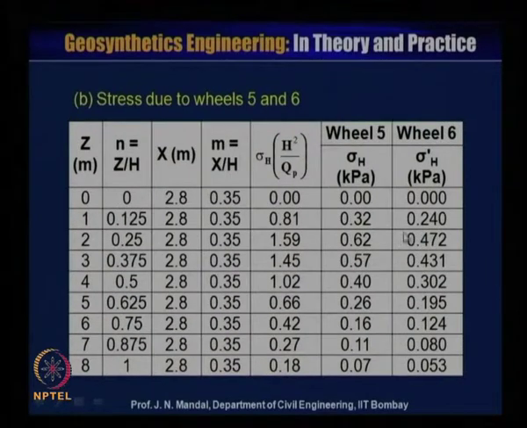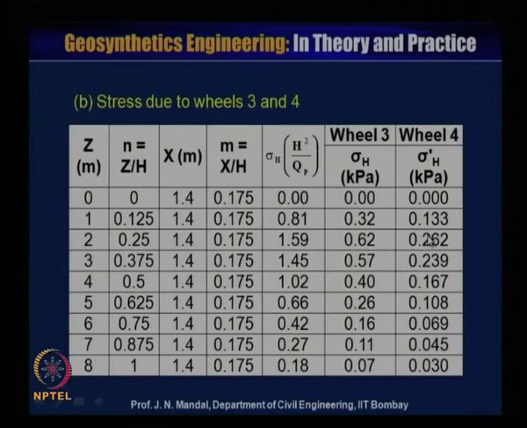So you can calculate sigma h and sigma h dash. Similarly, for wheel 5 and 6 at depth 2, let us say, what is sigma h and sigma h dash. Similarly, for wheel 3, you can calculate sigma h and sigma h dash, and we have also earlier calculated for the wheel 1 and wheel 2, at a depth of 2, 3.62 and 0.262.